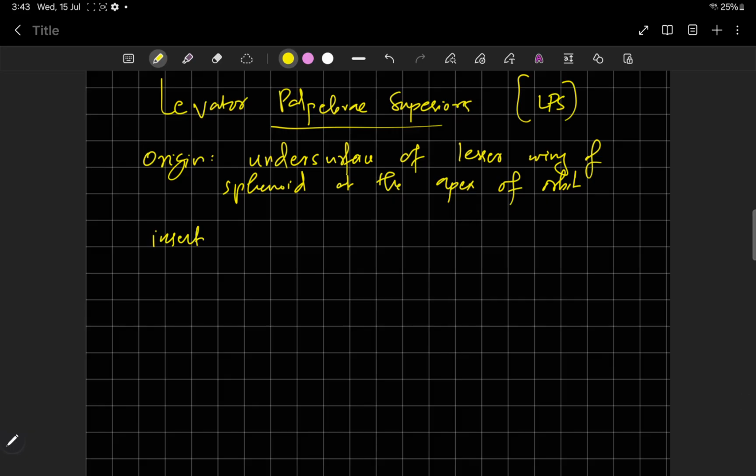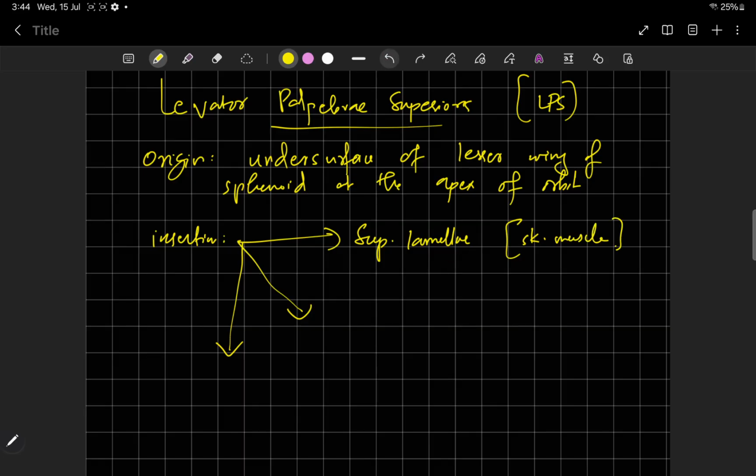And the insertion is, there are 3 insertions for levator palpebrae superioris, because levator palpebrae superioris has 3 lamellae. One is the superior lamella, the skeletal muscle part that is inserting into the skin of upper eyelid.